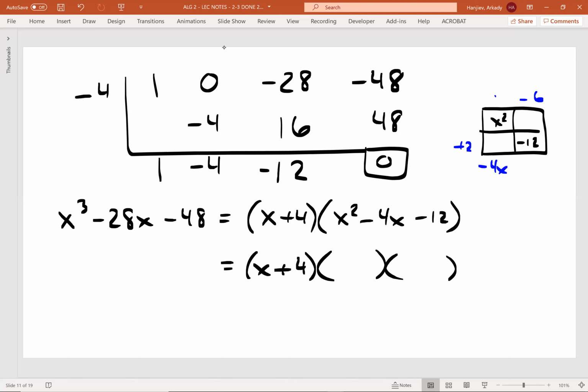Perfecto. That means this is x, that's x. 2x, -6x makes -4x. Perfect. x plus 2, x minus 6.